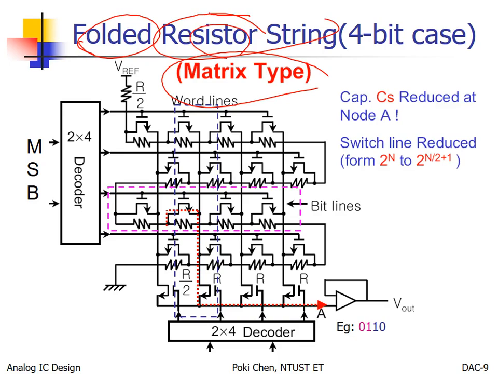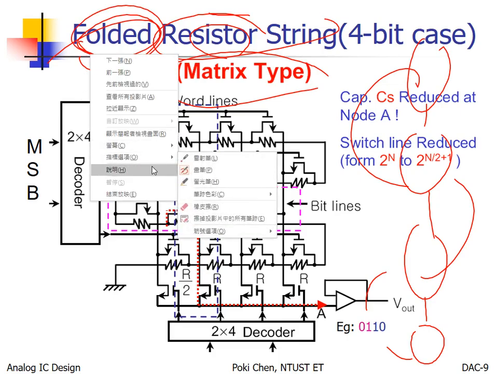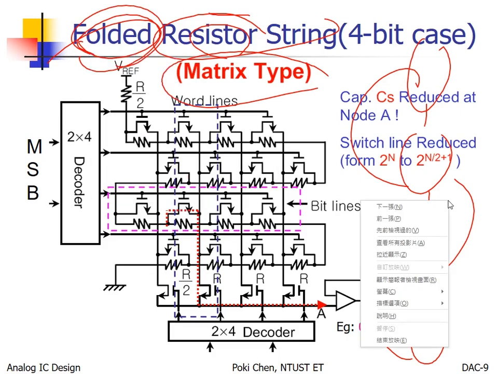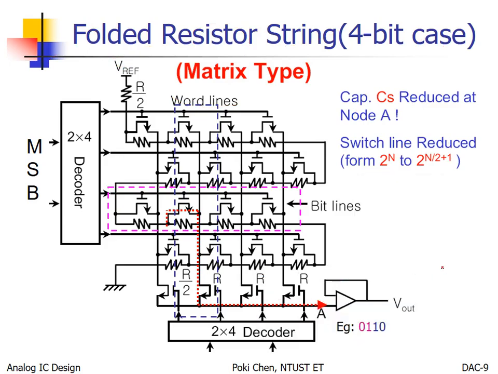Folded, just like a sausage. How do you pack it up? One folded by the others to pack it, right? So we call it folded, with such a folded structure.